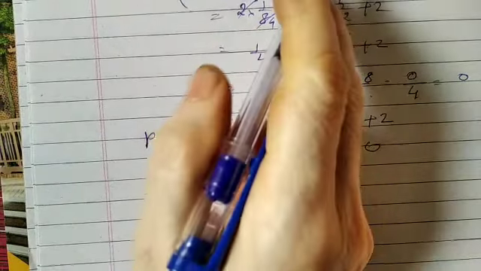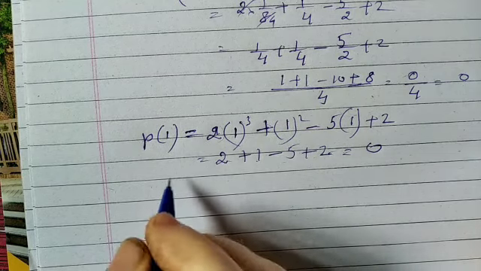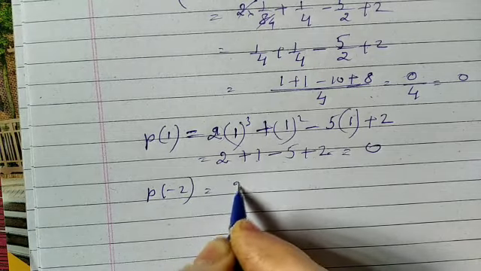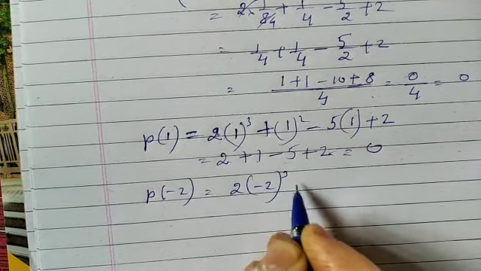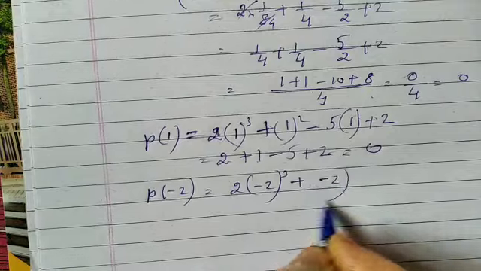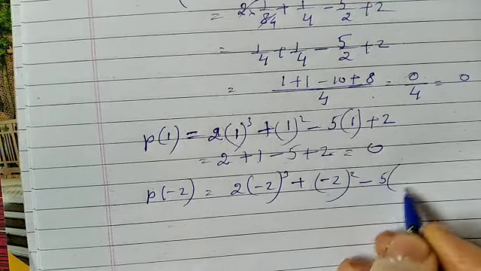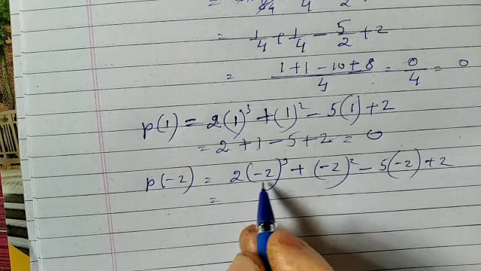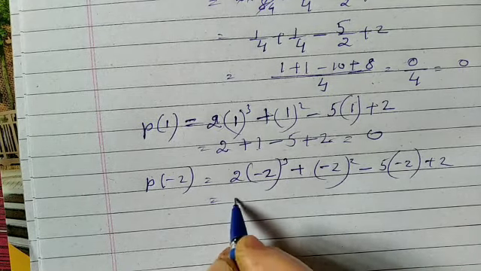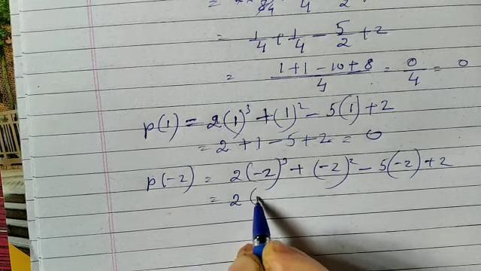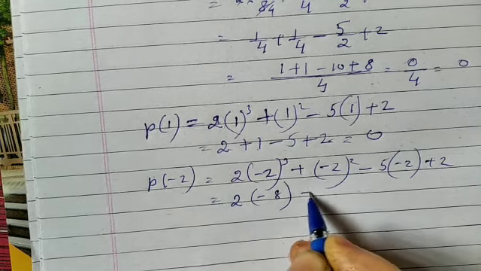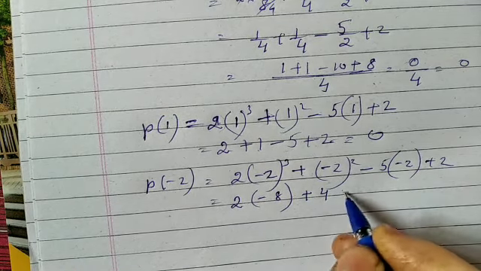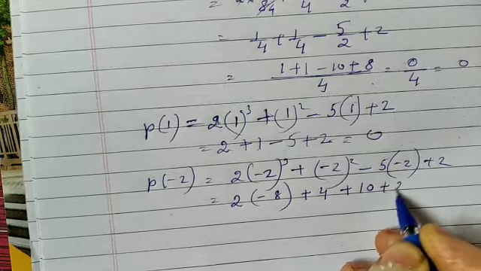So let us check whether -2 is a zero of the polynomial or not. Write p(-2). It is 2 into (-2) whole cube plus (-2) whole square minus 5 into (-2) plus 2. (-2) cube is -8, (-2) square is 4, and minus into minus is plus 10, plus 2.